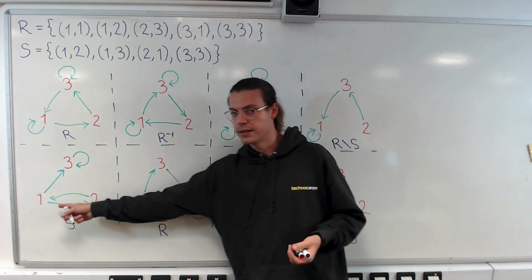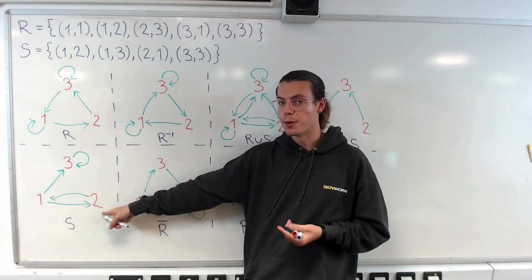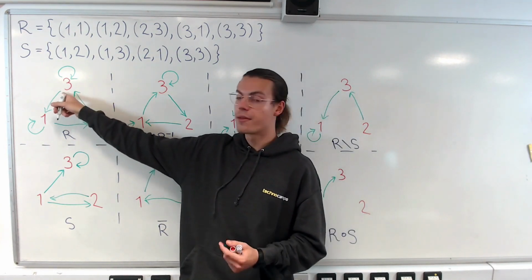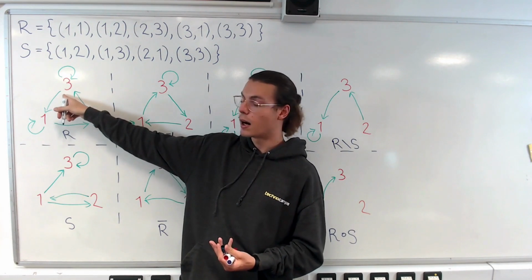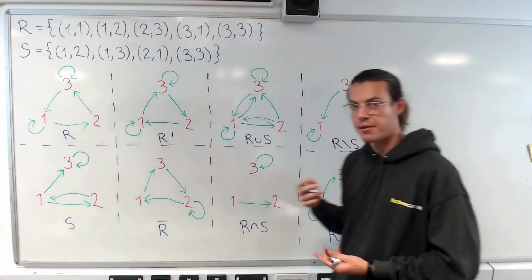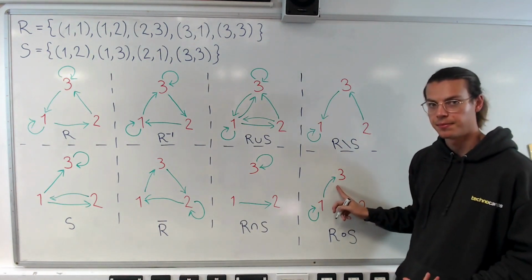Now, 1 is also related to 2 by S, and 2 is related to 3 by R, and so again 1 is related to 3 by the composition, but we already have that.